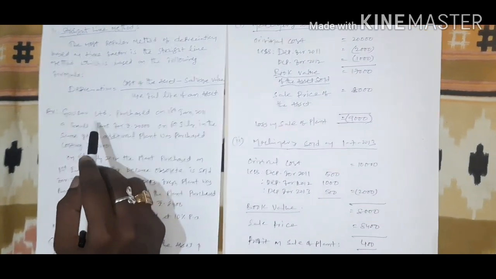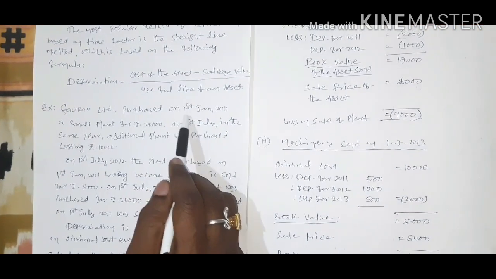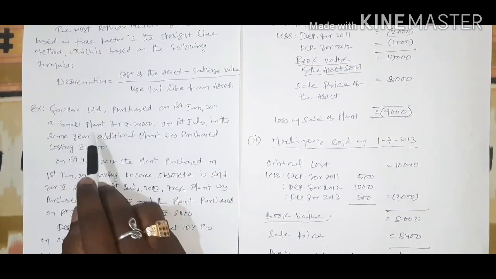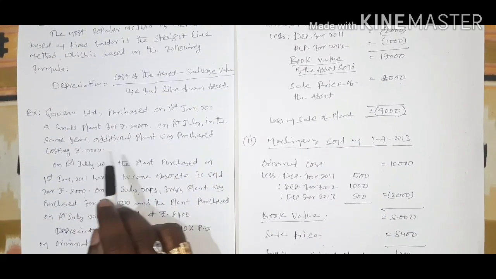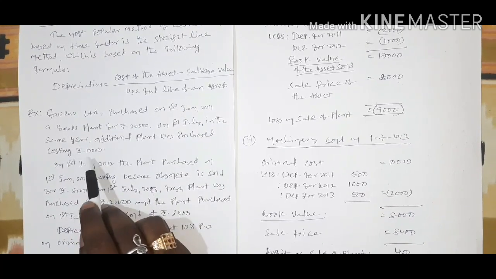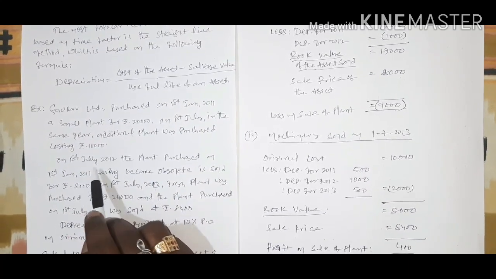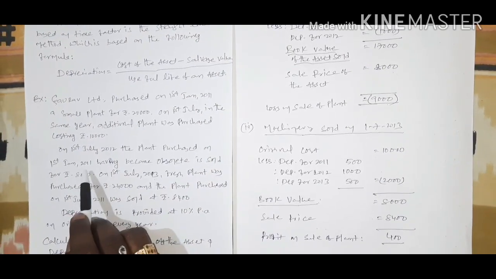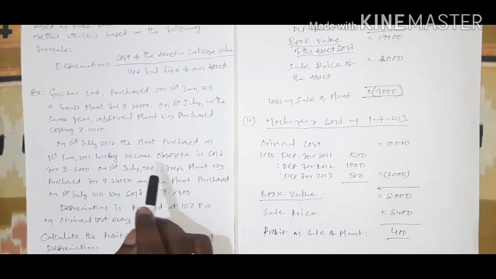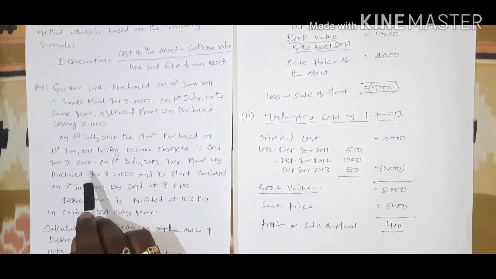Example: Gaurav Limited purchased on 1st January 2011 a small plant for rupees 20,000. On 1st July in the same year, an additional plant was purchased costing rupees 10,000. On 1st July 2012, the plant purchased on 1st January 2011, having become obsolete, is sold for rupees 8,000.